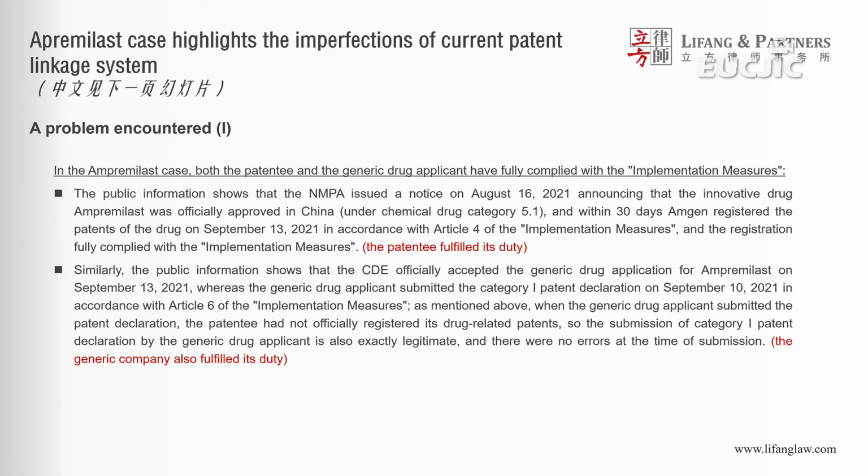The MAH listed their patents within 30 days, so in a timely manner, they listed their patents on the registration platform. The generic drug company also fulfilled their duty. They checked the patent registration platform. They hadn't found any patent at that time, so they made a Category 1 statement.